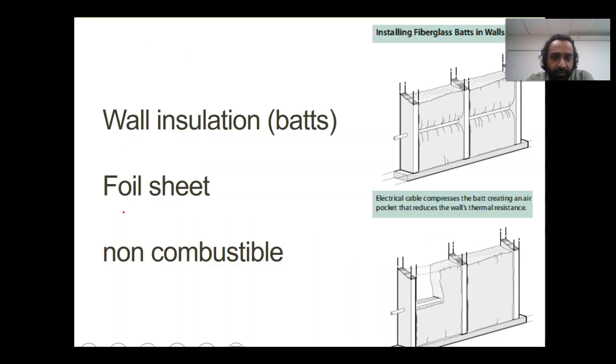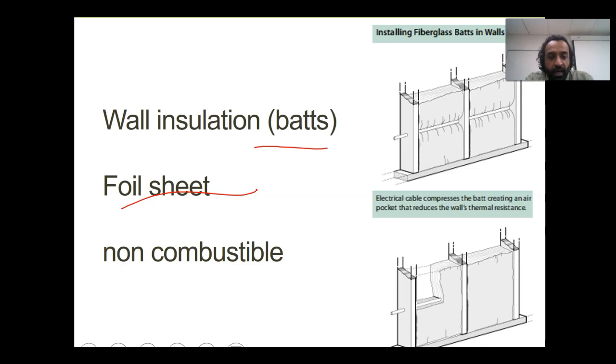So this is another example of wall insulation. We have the batts, which come as packed fibers or sheets with foil sometimes, and they are non-combustible. Make sure you read the labels and see where it is suitable and where it is located.